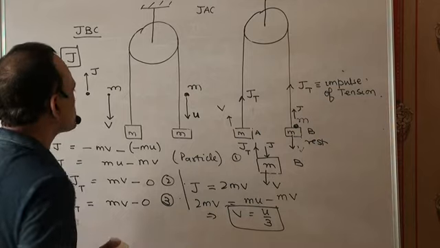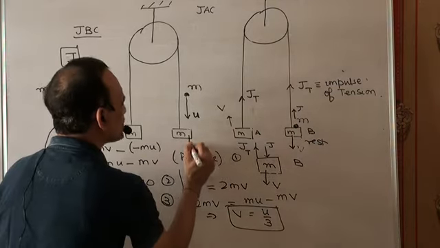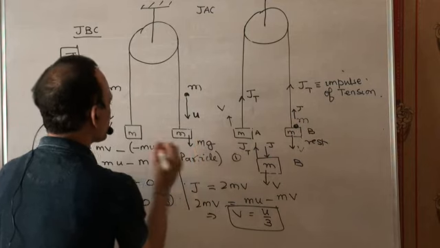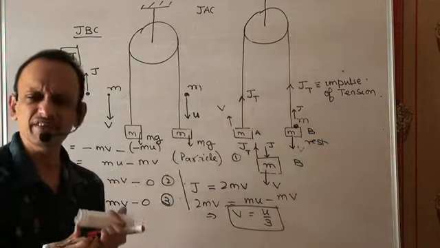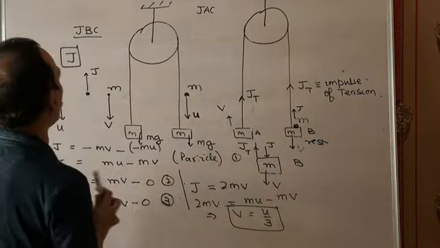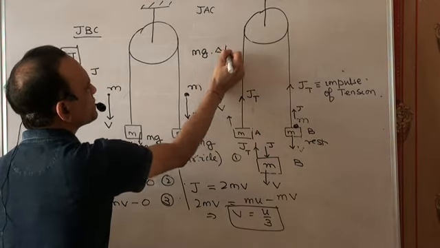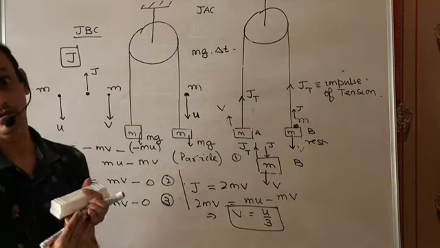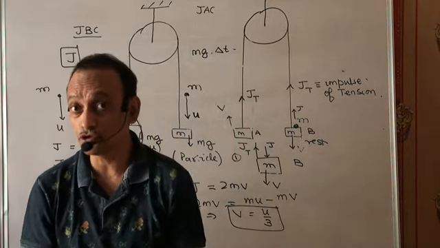Now you might be wondering, during this collision, there was also gravity acting on all of this. And if there was gravity acting, would you not want to believe that there was an impulse associated with gravity? The impulse associated with gravity was mg into delta t. So this also must have brought about a change in linear momentum, but I seem to have fooled you.